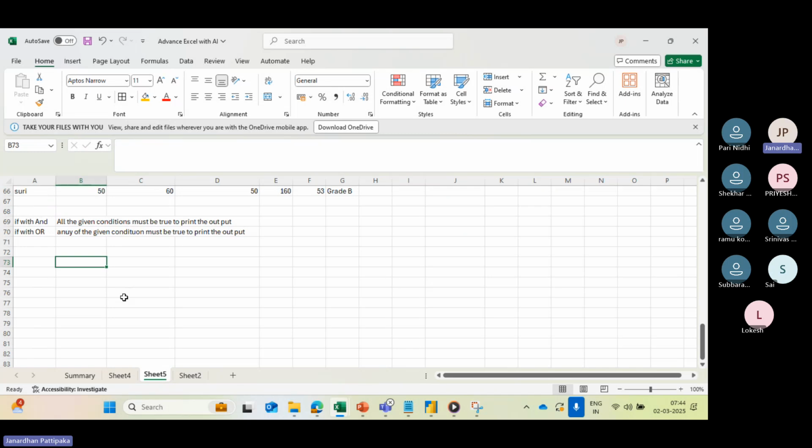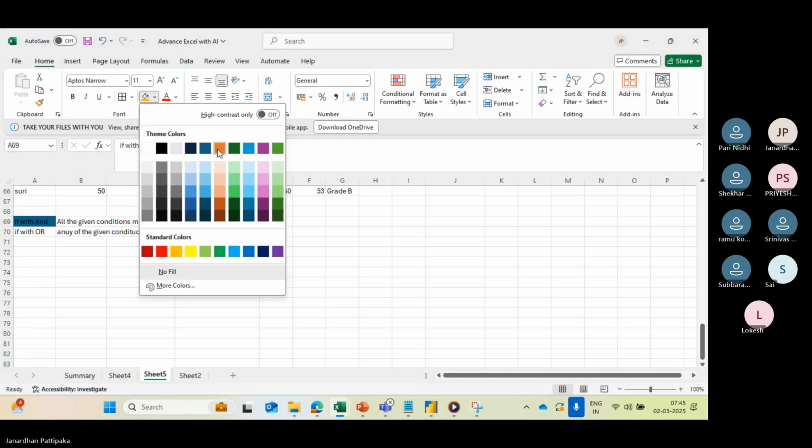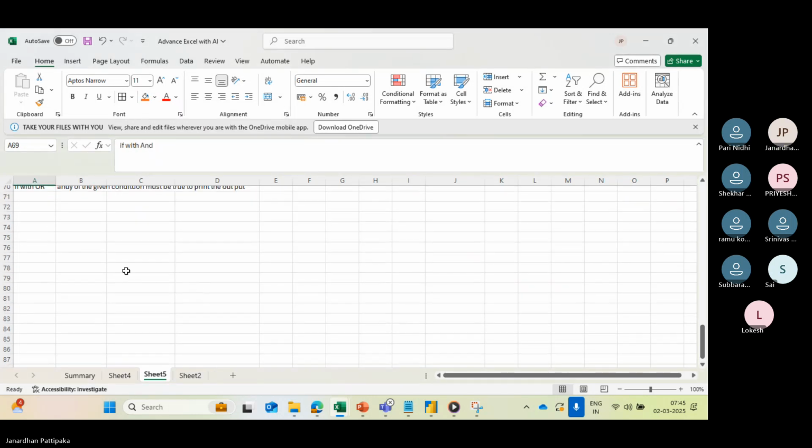Now let us see how you can use these if conditions along with and. So first, if with and. Let us test one scenario.